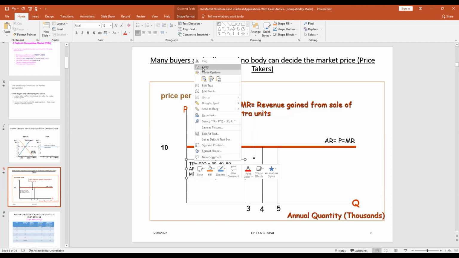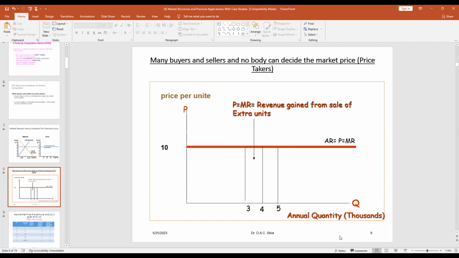Now, if the numbers are given here, can you calculate total revenue at different quantities, 3, 4, 5? And once you calculate total revenue, you can calculate average revenue.